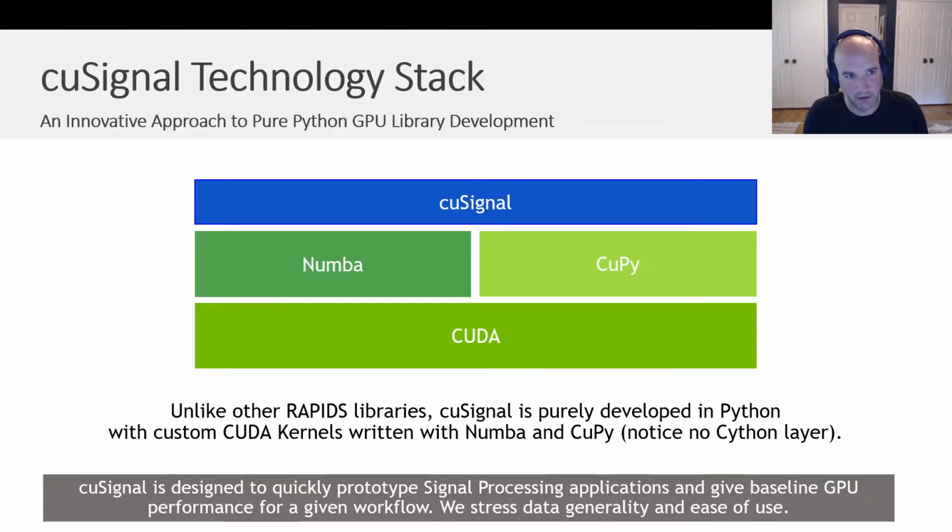So feature first, performance second. And the quickest way to realize this was to focus and build our software totally in Python. There are libraries that build on top of CUDA that expose Python bindings that we can leverage to put everything together to create a signal processing software package, which is CuSignal.